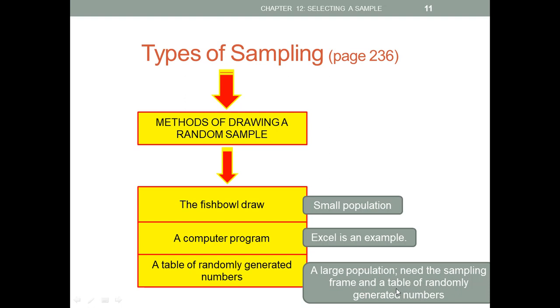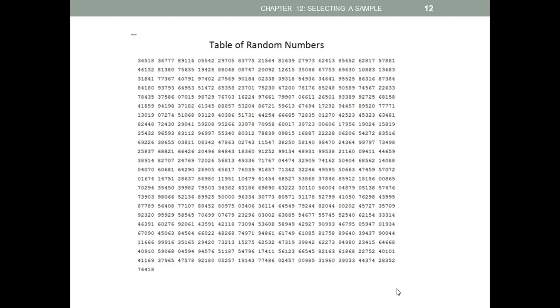Some textbooks, some authors are generous enough to attach a table of random numbers for us to use free of charge. So to sum up, ladies and gentlemen, there are three methods for drawing a random sample, and we shall move to the next slide.